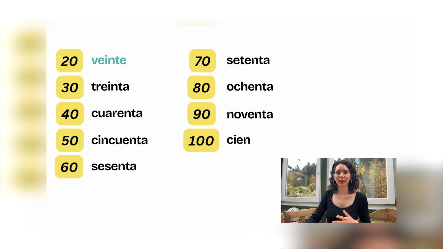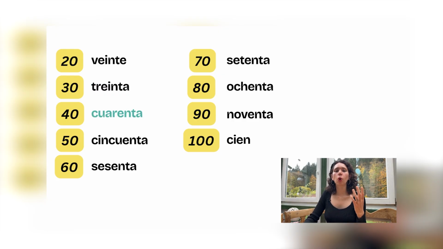Let's continue. Okay, these are the main tens. Repeat after me. 20, 30, 40, 50, 60, 70, 80, 90, 100.